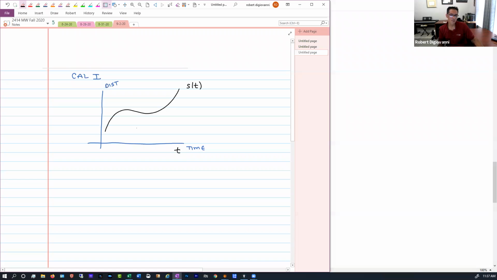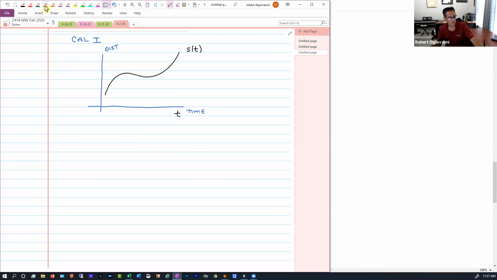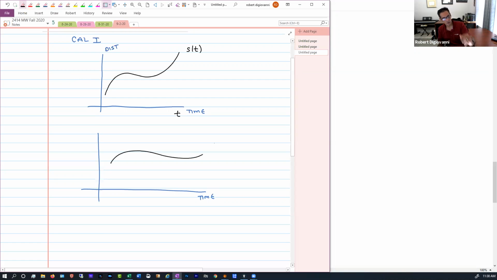So if we're given a position function, s of t, in Cal 1, then when we take the derivative of that, we get a new function. But what does the derivative of the position function actually give us? Y'all remember from Cal 1? It's a new function.